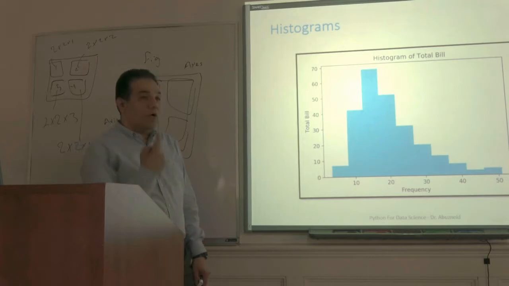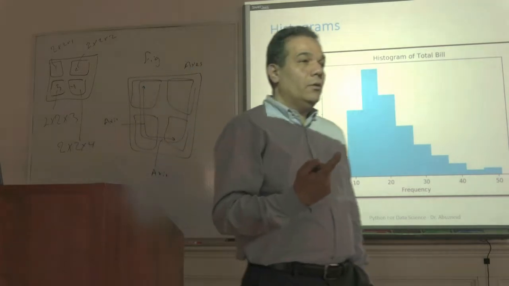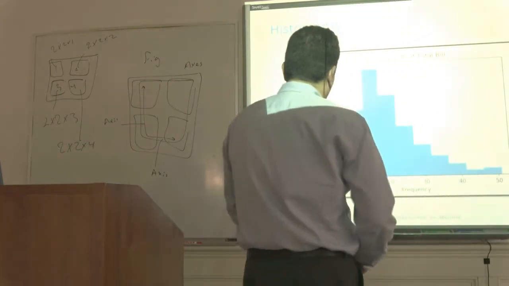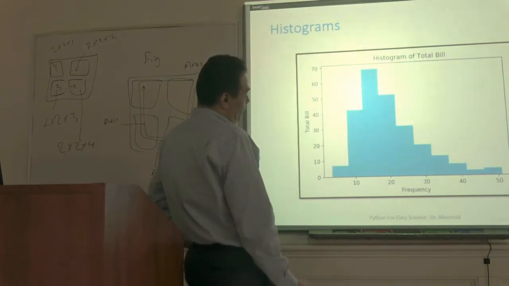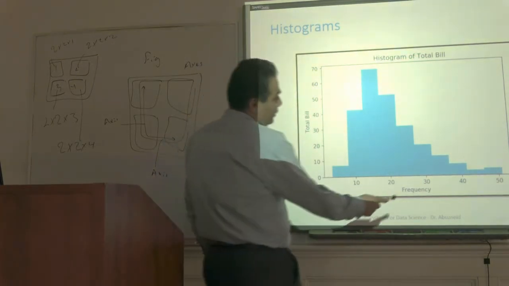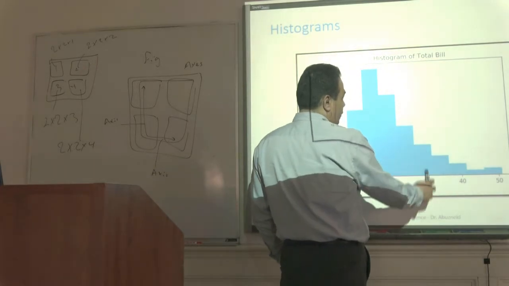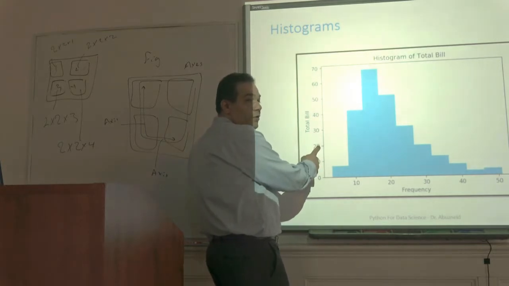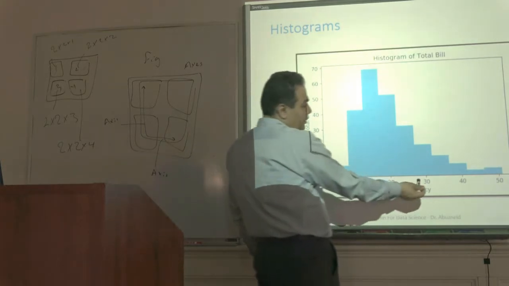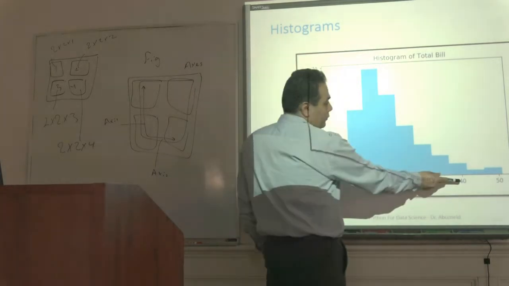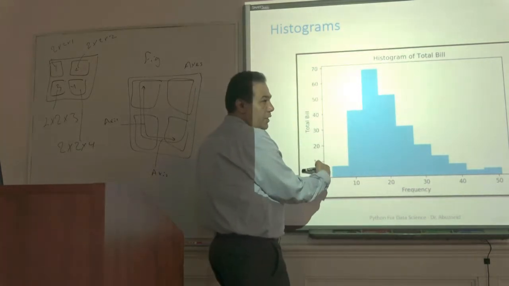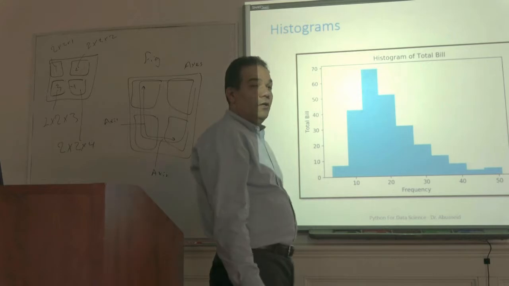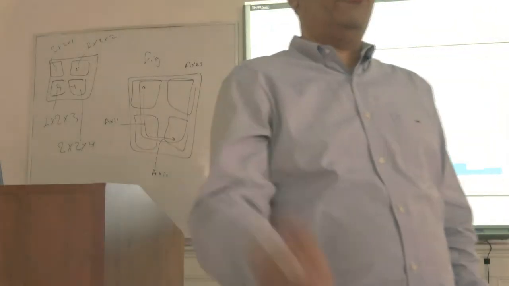For example, for a bill of around $30, the frequency is 20. 20 bills in the data set are around $30. How about 40? About 10. And in here, like $15, about 70 bills. That's what the histogram shows.